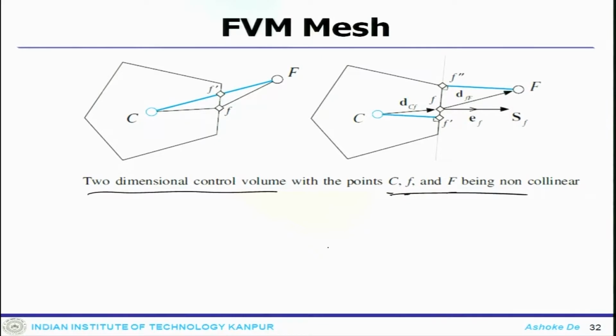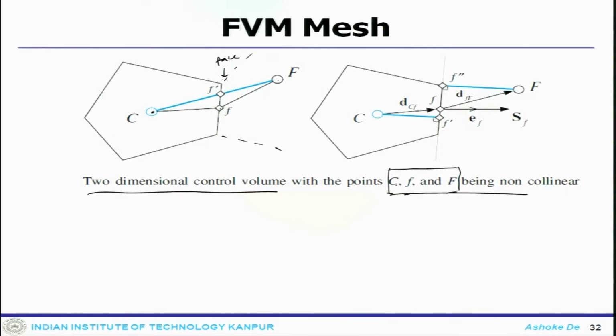That means my cell center for this element sitting there, and the cell center for the neighboring element sitting there, the connection between C and F will cut through that common face. This is my face, and the center of the face is small f. So these three points, capital C, capital F and small f, are not collinear.